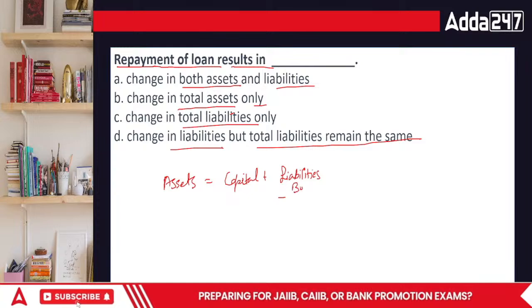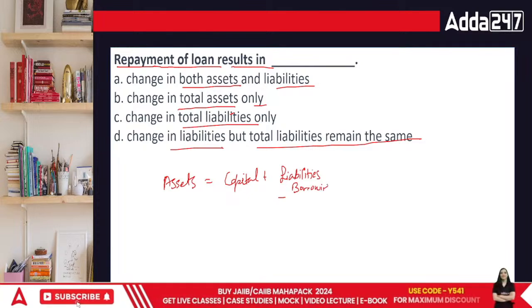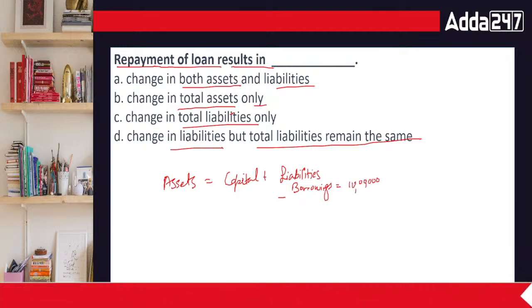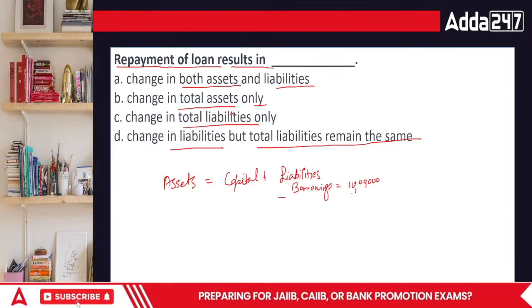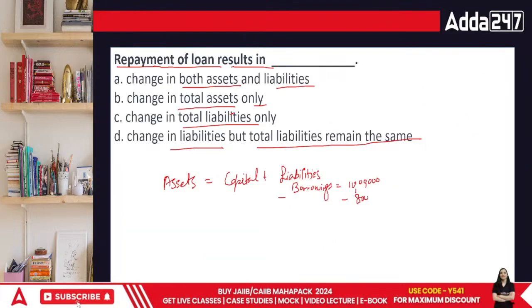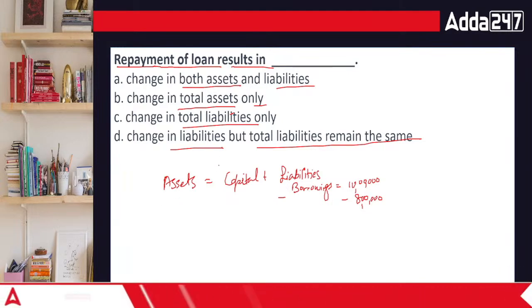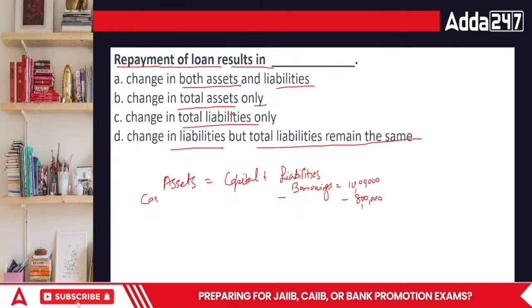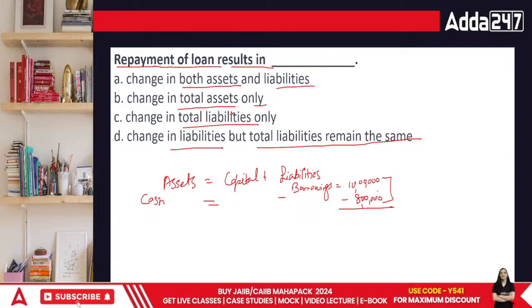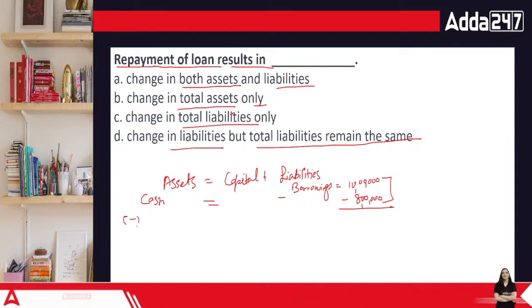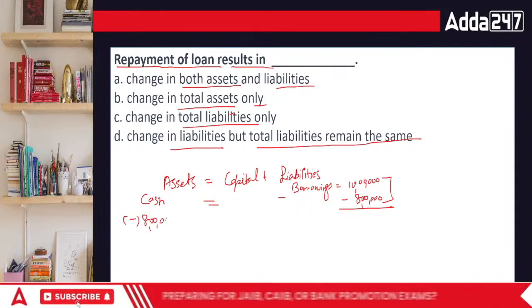For example, my borrowing was again of 10 lakhs. The same question as conversion, but this is repayment. So I'm removing 8 lakhs from here. Let's take the same amount now. But at the same time, repayment means what? I'm paying in cash now. So the amount is moved from the liability side, but also from the cash.